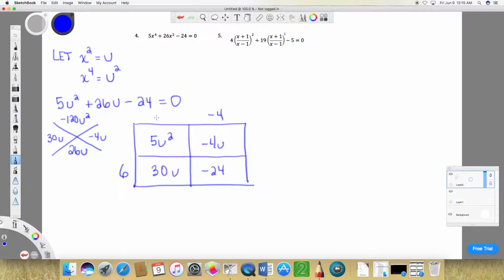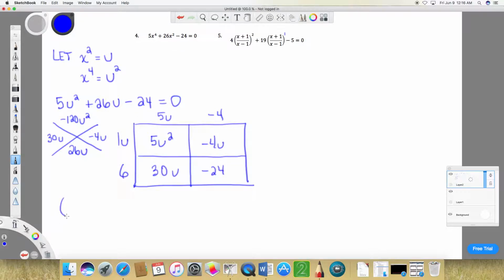I can see here that a 5u is common vertically to both of those, and across here just a u is common. So 1u times 5u is 5u squared. Negative 4 times 1u is negative 4u. And 6 times 5u is 30u. And we already said that positive 6 times a negative 4 was negative 24.